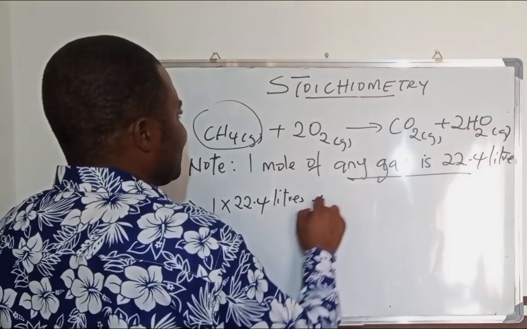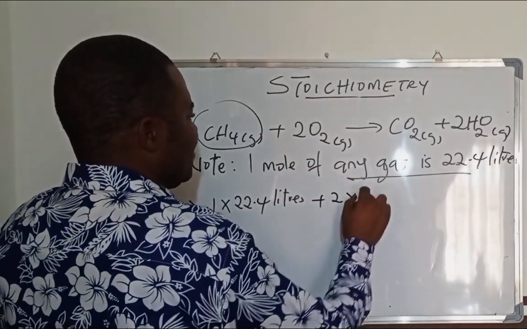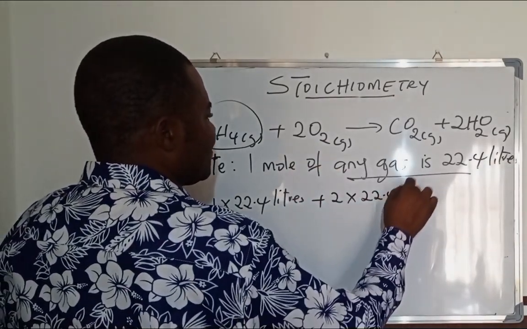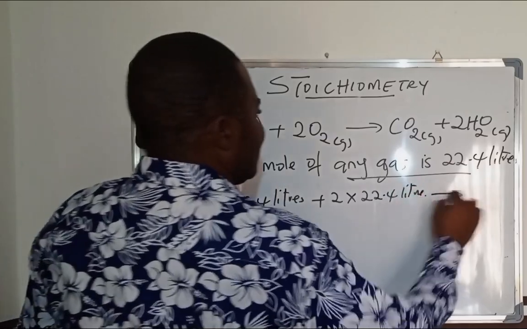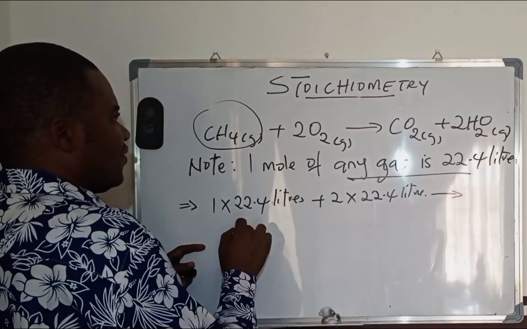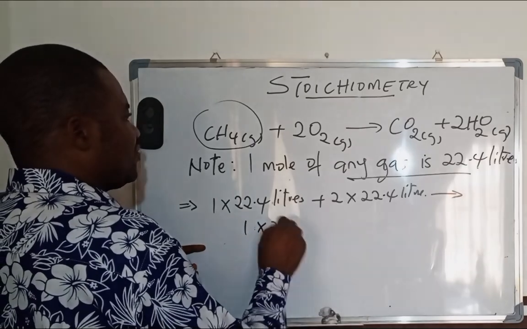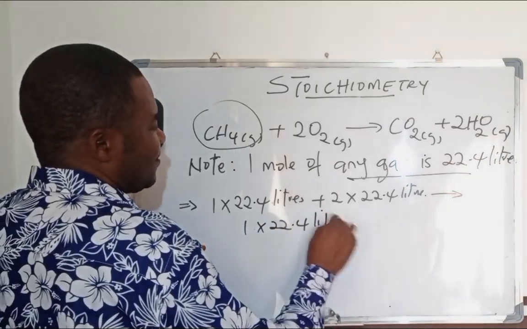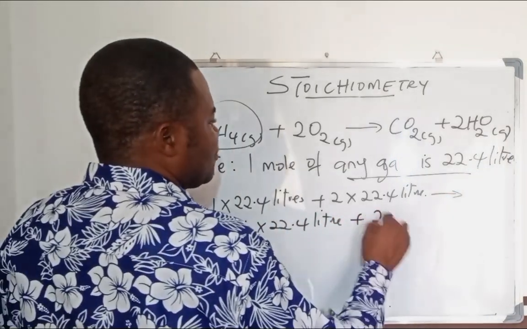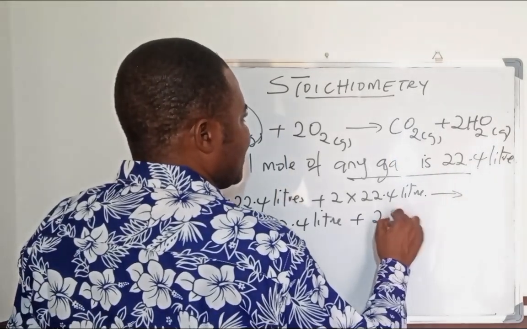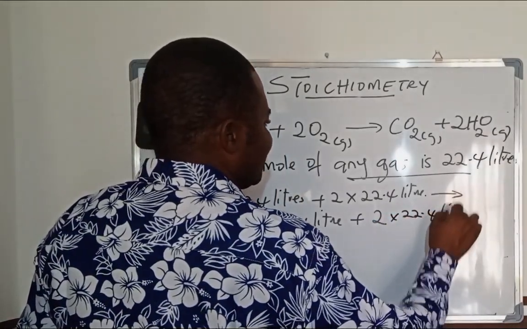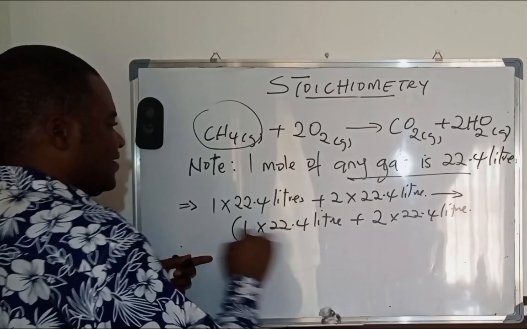And then plus 2 moles times 22.4 liters. It will give us 1 mole, 1 mole times 22.4 liters. Okay? Plus 2 moles times 22.4 liters. Do you see the difference here?